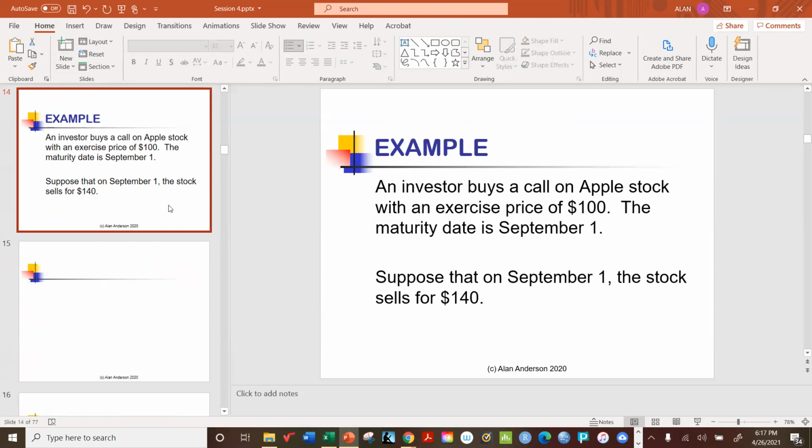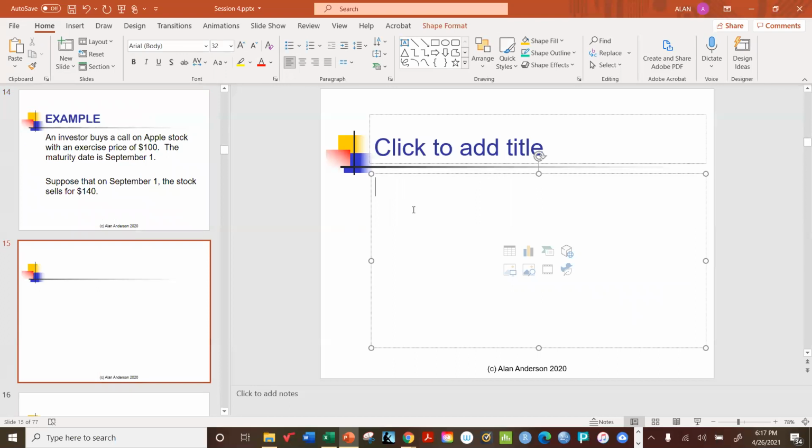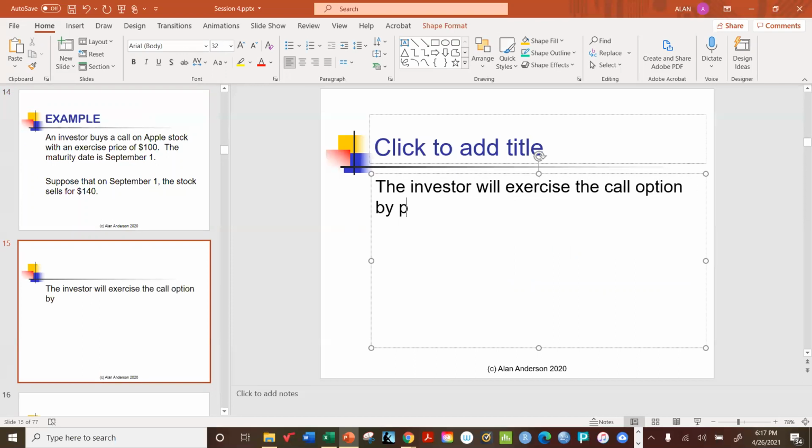So here's what you can do to make an instant profit. The investor will exercise the call option by paying $100 for a share of Apple stock.